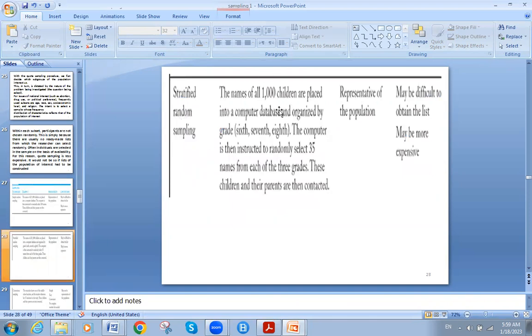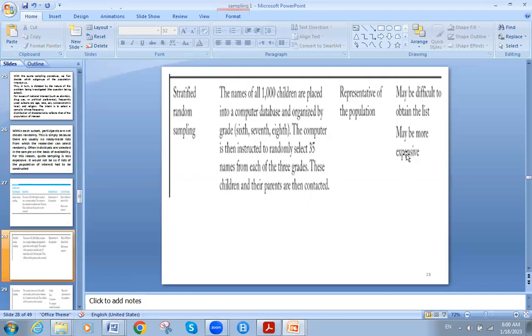The second one is stratified random sampling. Yes, we have the population 1,000 students, but we will divide them into 3 categories: grade 6, grade 7, grade 8. And from each grade, we will take 35 students. Actually, this represents the population. It's good to represent the population. Then from each category, these children and their parents are contacted.